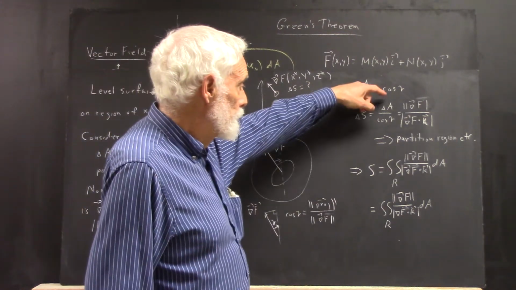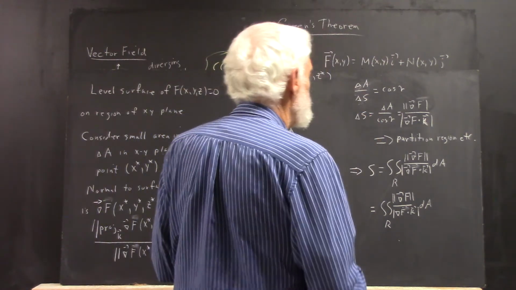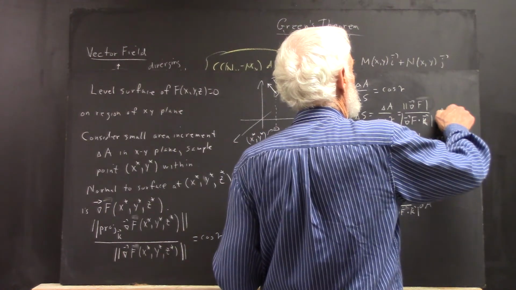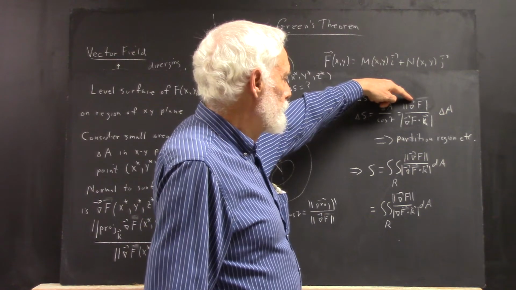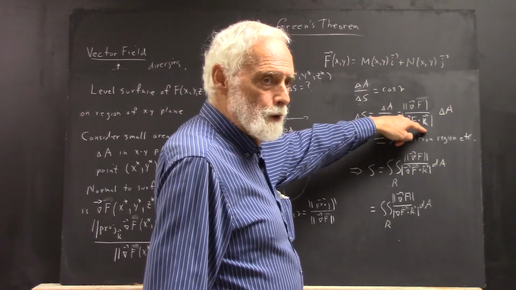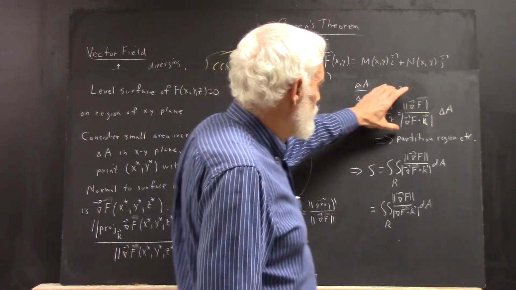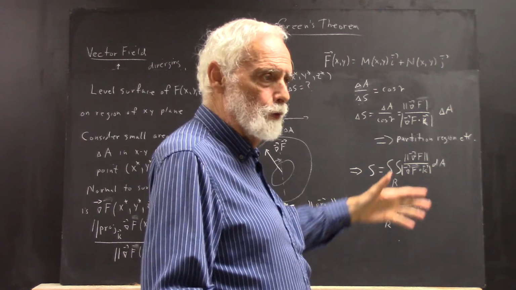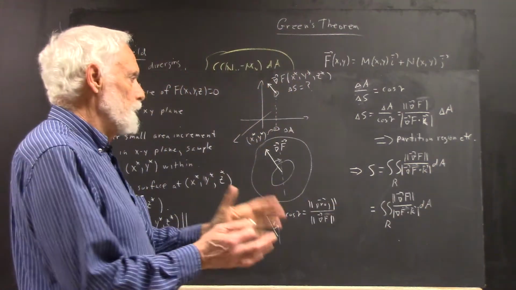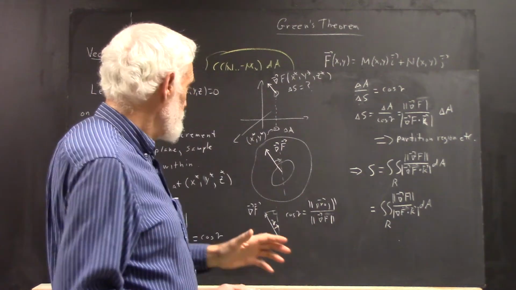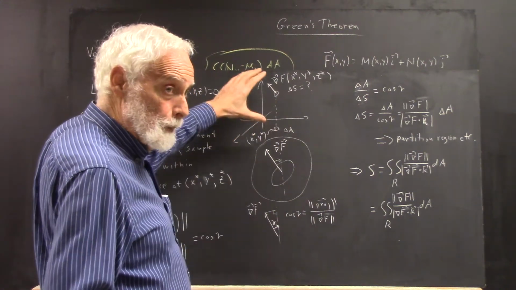So that delta S is delta A over the cosine of gamma, which is the magnitude of the gradient divided by the magnitude of the projection times delta A. And then you simply partition the region and so forth, form a partition so that you partition the region into a bunch of small increments, each with a sample point X star, Y star, so that this argument applies to every one of them.